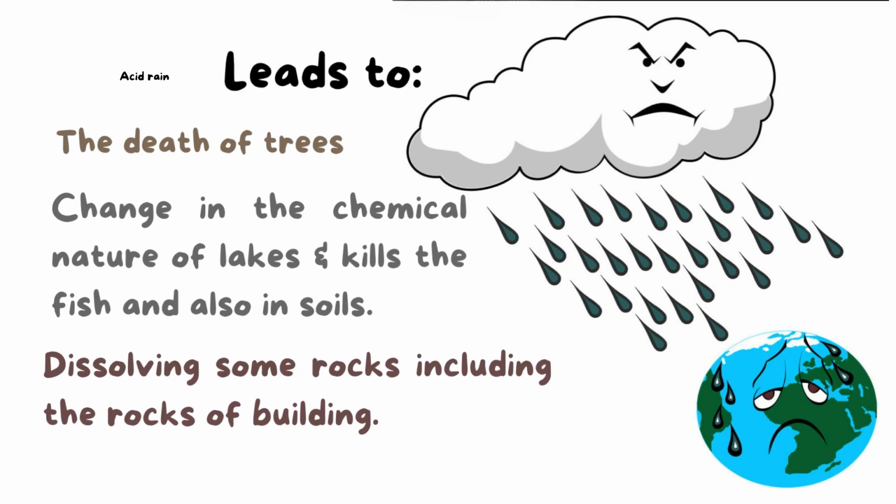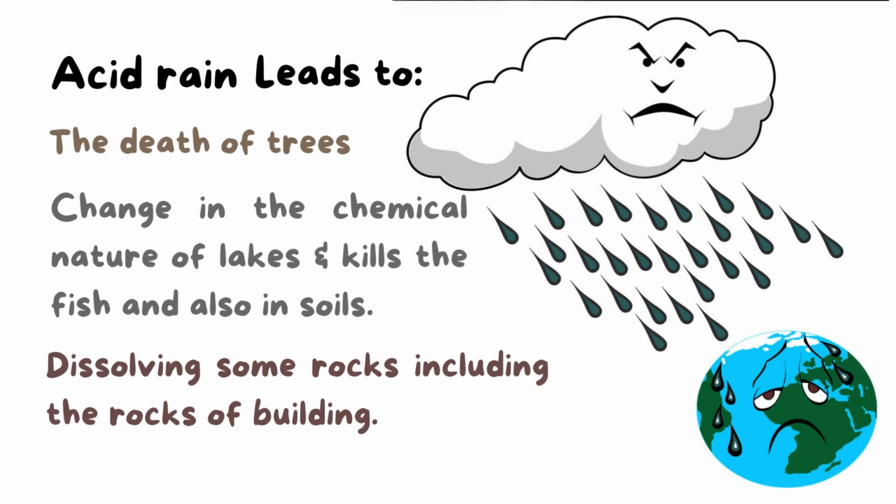As we said, acid rain leads to the death of trees, change in the chemical nature of lakes, and kills the fish. Also, it changes the chemical nature of soils. And the last one is dissolving some rocks, including the rocks of buildings, as this dissolving makes the rocks weaker, as part of these rocks goes with the acid rain.